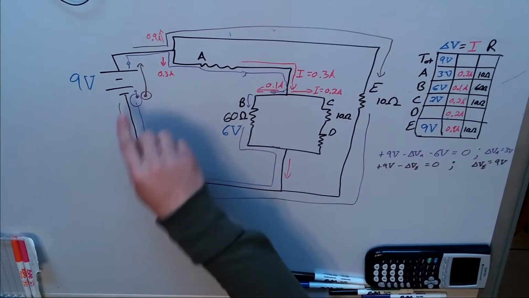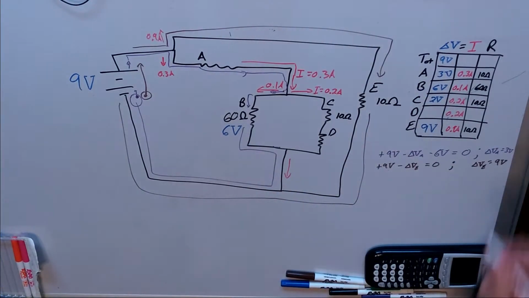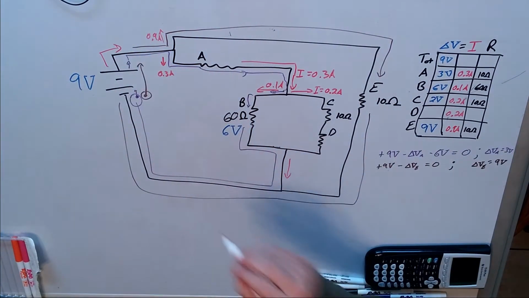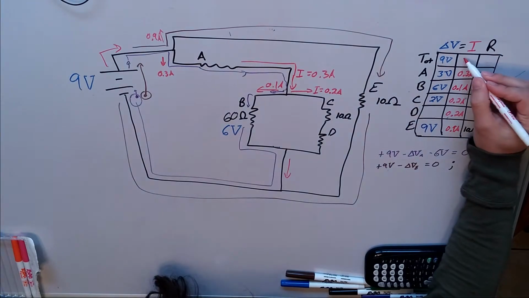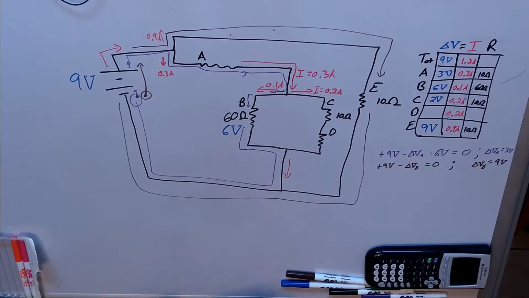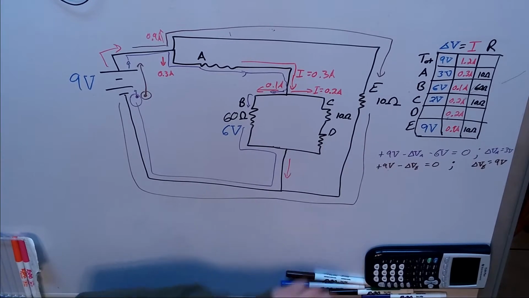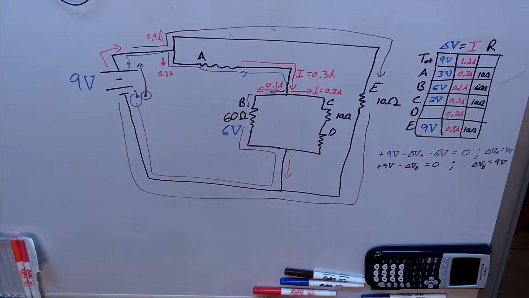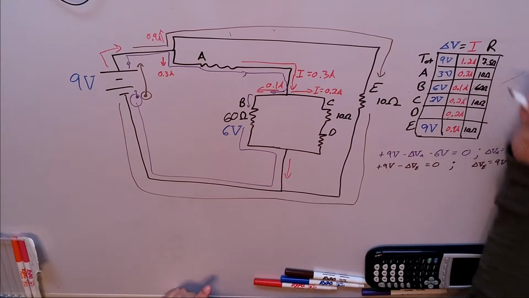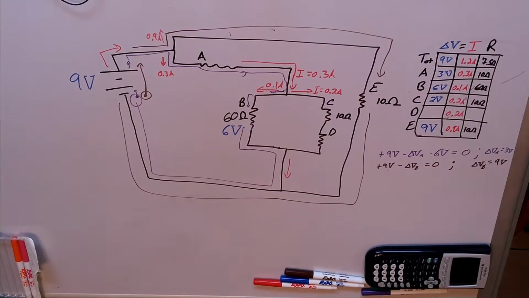They're going to come back together and become the full 1.2 amp. And the total current going through our circuit, coming out of the battery and going back in the far side, is going to be 1.2 amp. As a result of that, I can also take 9 divided by 1.2 and find that the total equivalent resistance of our circuit should come up to 7.5 ohms. We're going to find out.